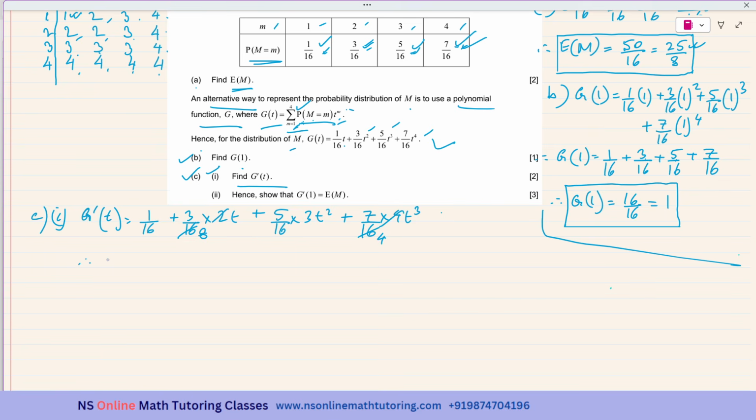So therefore, g prime of t can be written as 1 over 16 plus 3 over 8t plus 5 times 3 is 15, so 15 over 16 t square plus 7 over 4t cube.